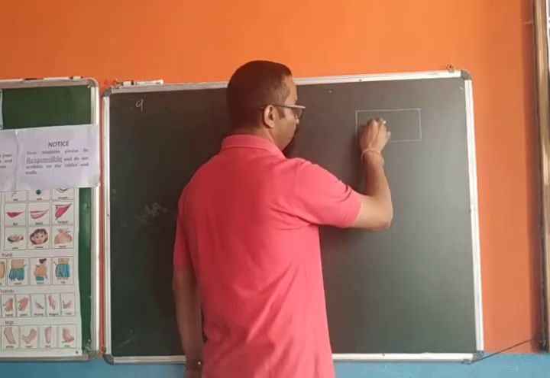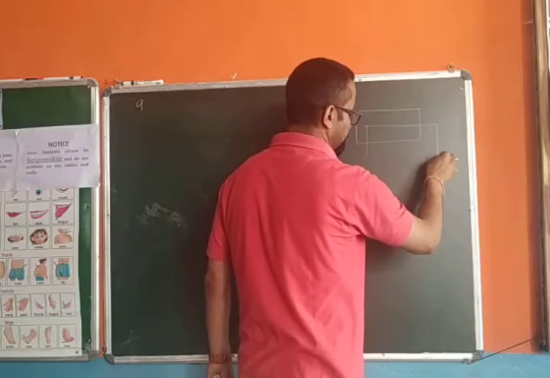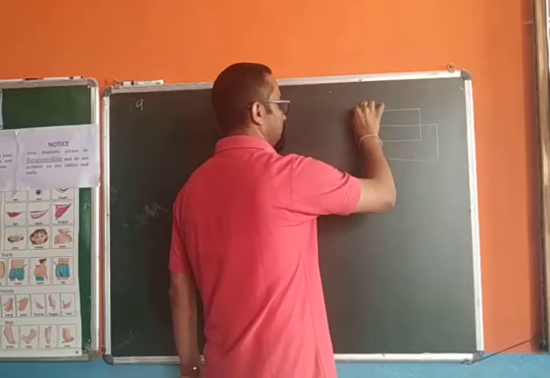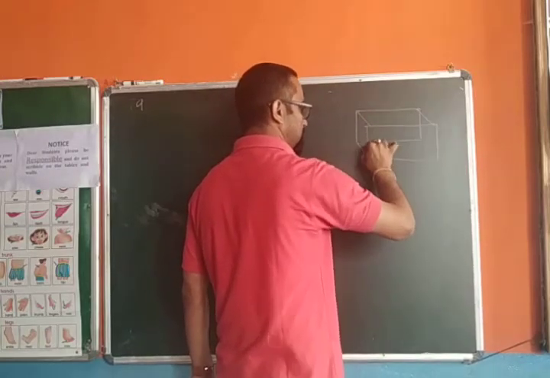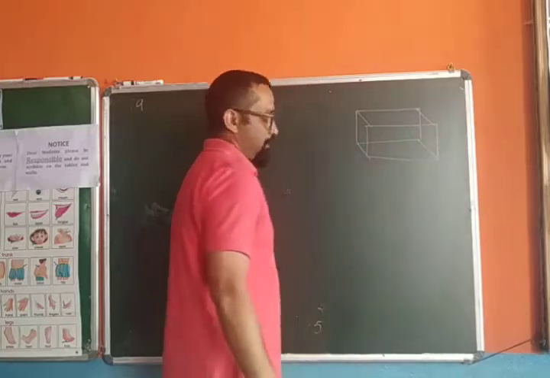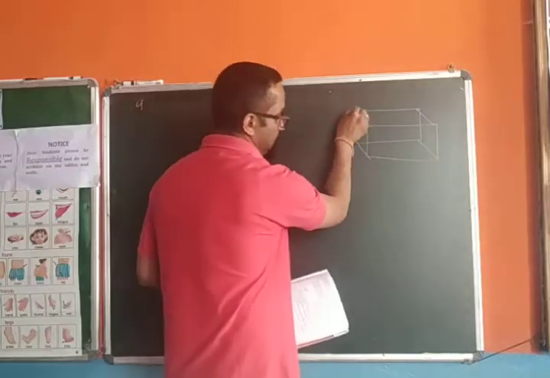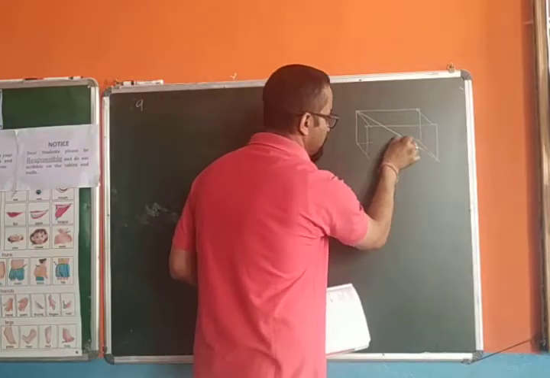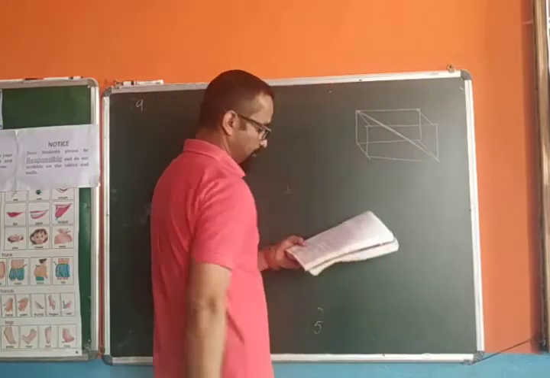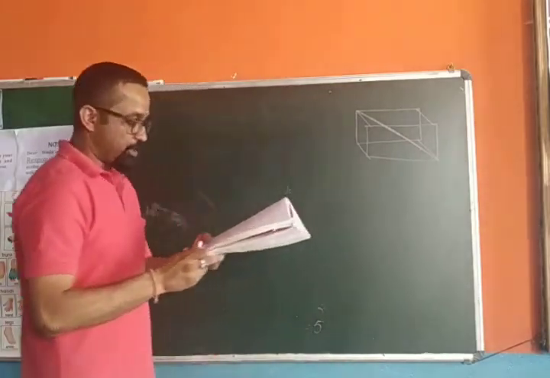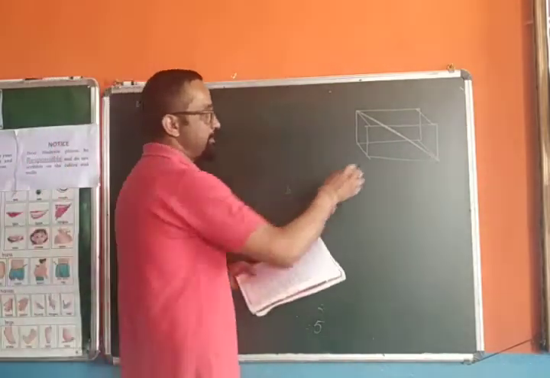You draw a cuboid. The length of the longest rod kept inside means diagonal is given, which is equal to 17 centimeter.